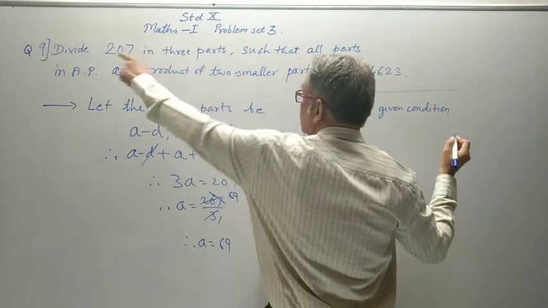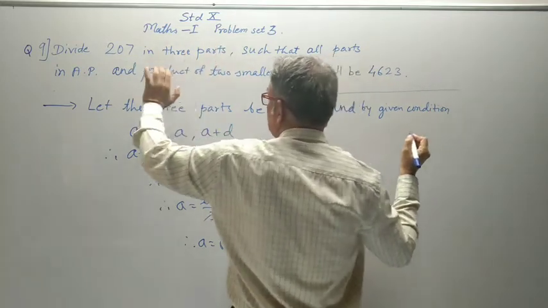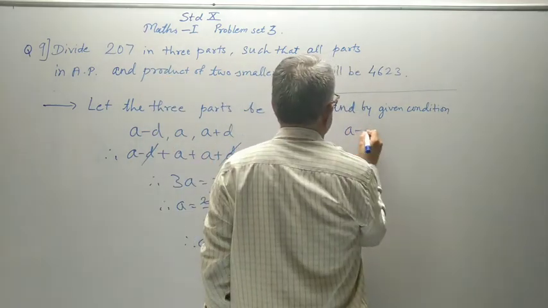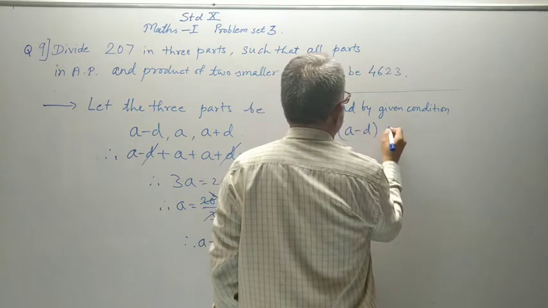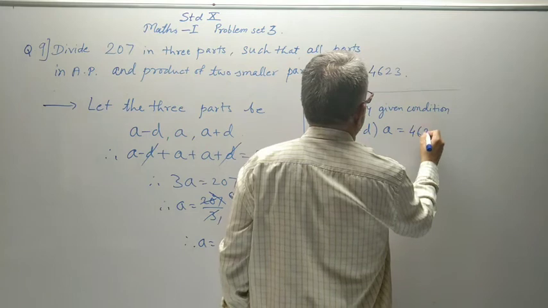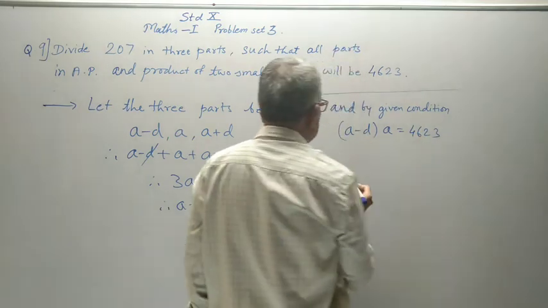That was one condition, 207 divided in three parts. Second condition, the product of the two smaller parts, A minus D into A, is 4623. From that the D value is known.